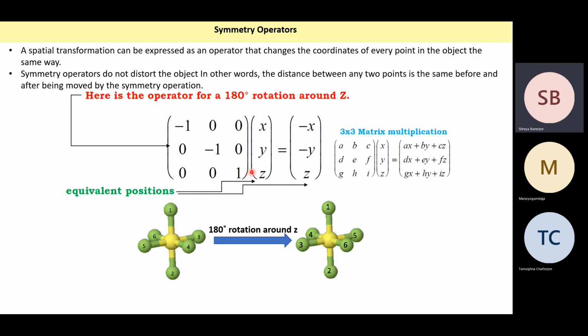So this matrix is representative of a 180-degree rotation around the Z axis, because if you multiply by this matrix, you can get the final position of the object. Like this, each of the symmetry operators can be represented by a three-dimensional matrix, which you multiply with the initial position of the object to get the final position of the object. So this was what I was discussing.